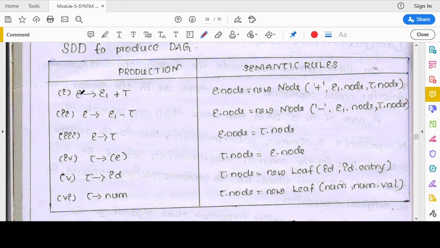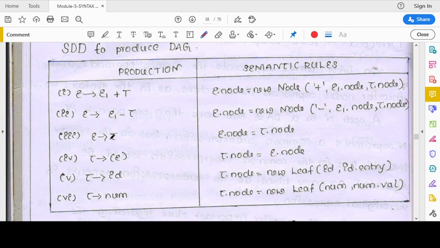So E dot node is equal to a new node, which is plus, left child is E1 and the right child is T. So next is E tends to E minus T. So E dot node is equal to a new node of minus, left child of minus is E1 dot node and the right child is T dot node.